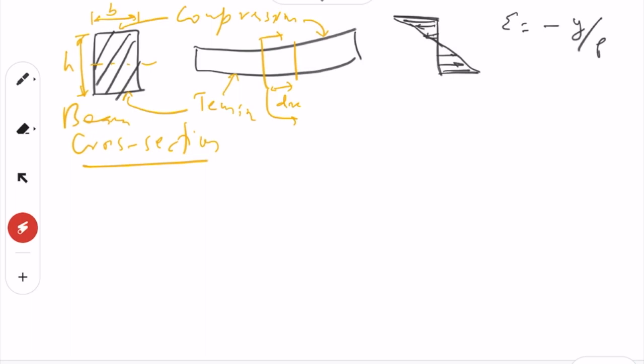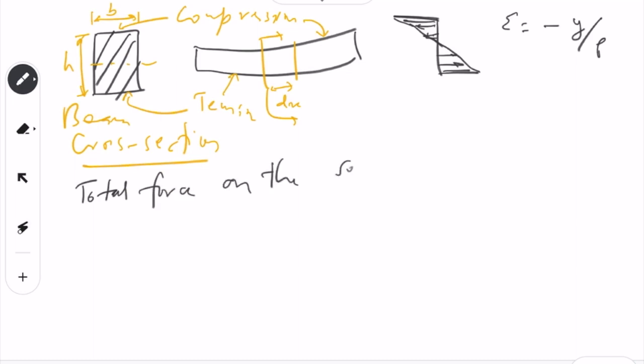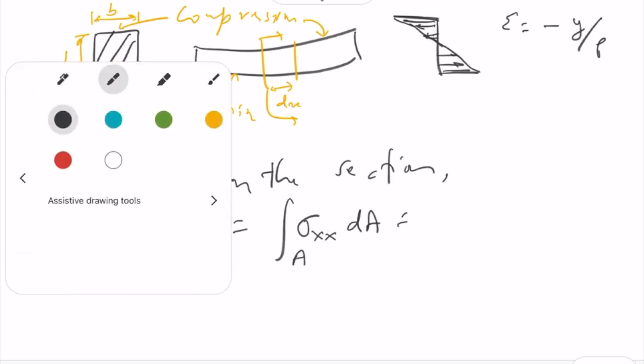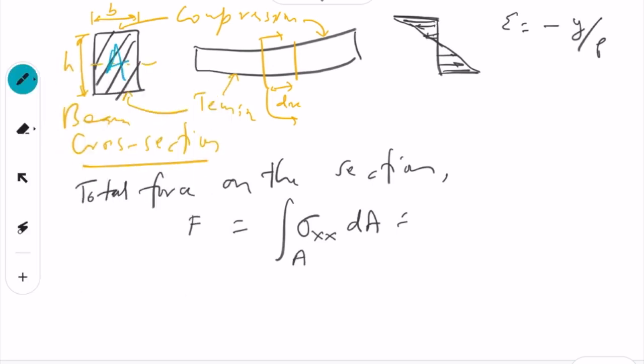At a section the forces are perpendicular to the section, because we have cut like this. So perpendicular to this are the stresses. The total force on the section F will be equal to sigma xx times dA for the whole area, where A is the area of the cross section.